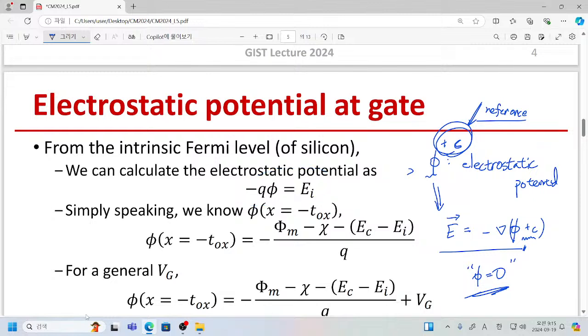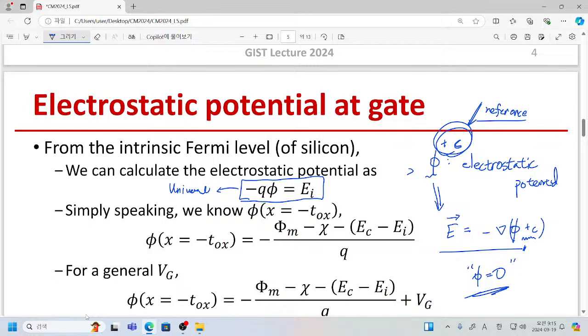So the answer is quite straightforward. In order to represent this electrostatic potential, we conventionally introduce this notation. Please understand this is not a universal convention, universally adopted by everybody.